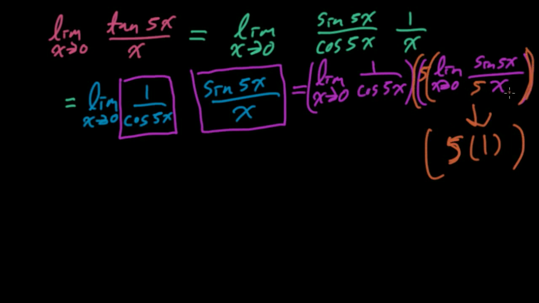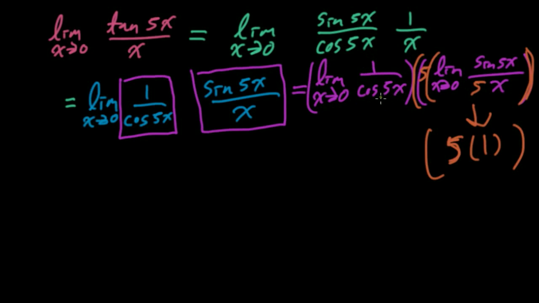And now the only other thing we have to do is choose yet another color. We just have to figure out what is the limit of this part of the expression. So what's the limit as x approaches 0 of 1 over the cosine of 5x? Well, we can just plug in 0 here, right?